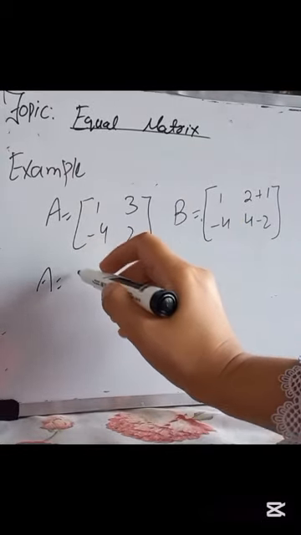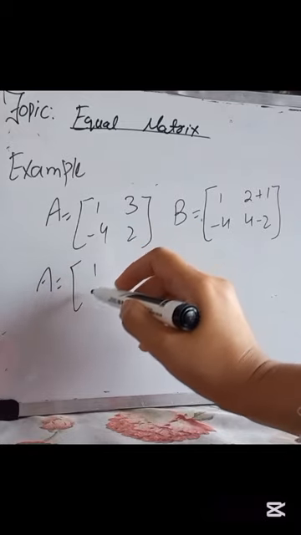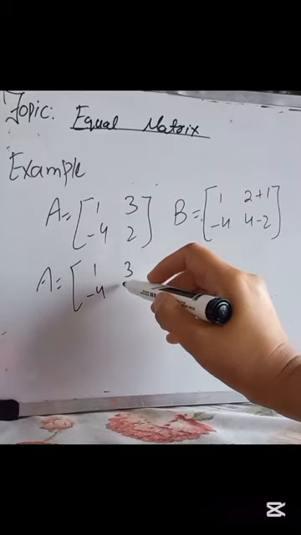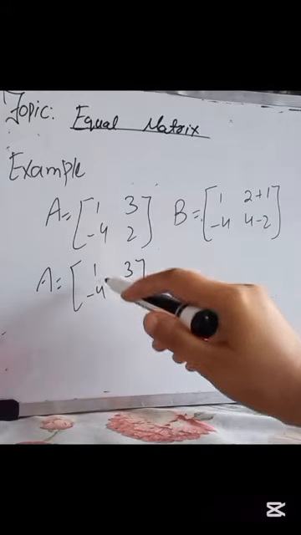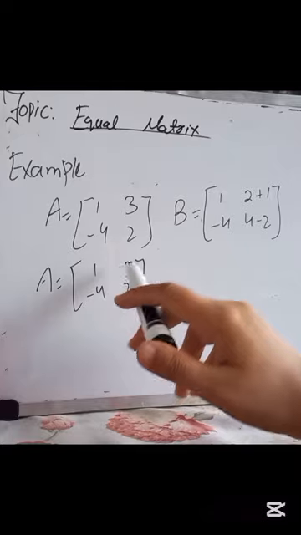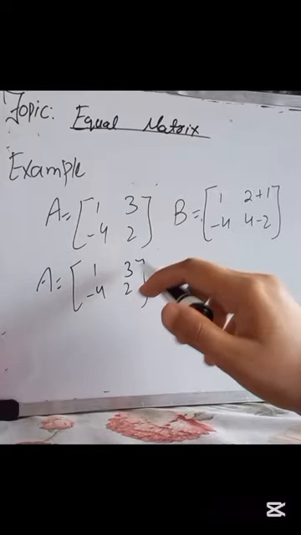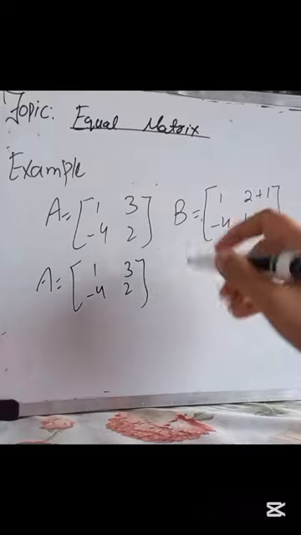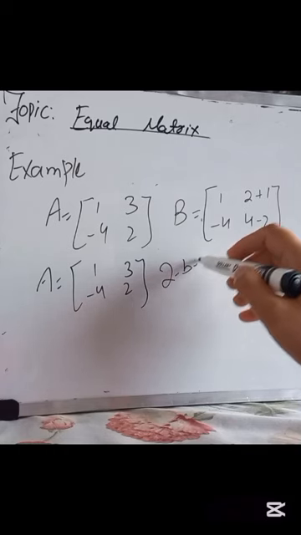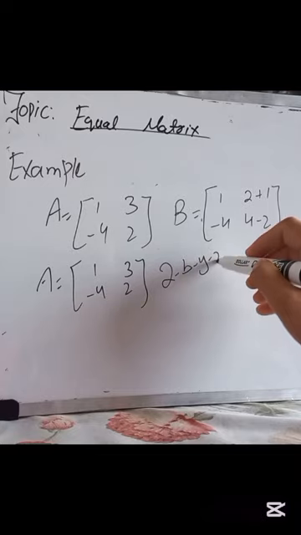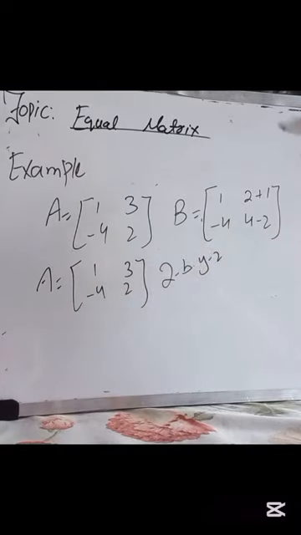First we see the rows and columns of A. There are two rows and two columns, which means its order is 2 by 2.